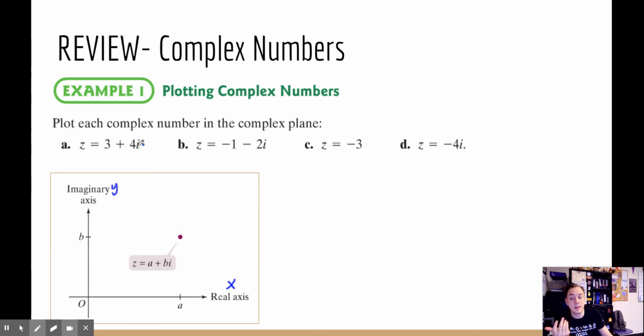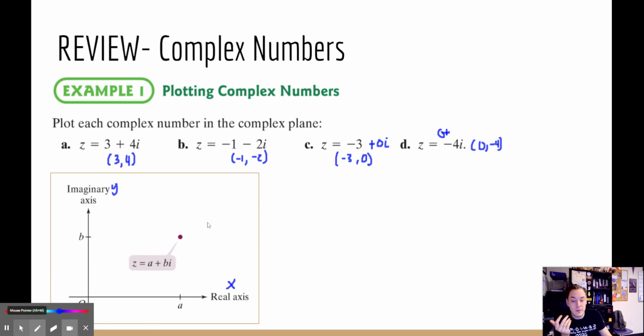I don't really care about the i. So this is the same point as saying 3, 4. This is the same point as -1, -2. This is the same point as saying -3, 0, because this is technically +0i. And then this is +0 in front. So this is the same thing as saying 0, -4.